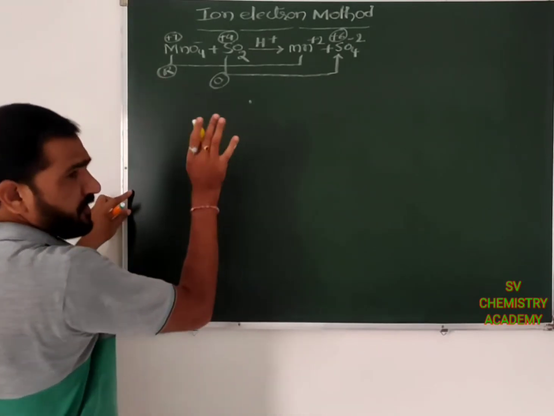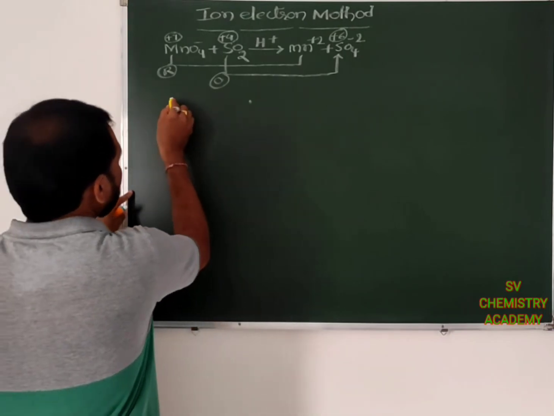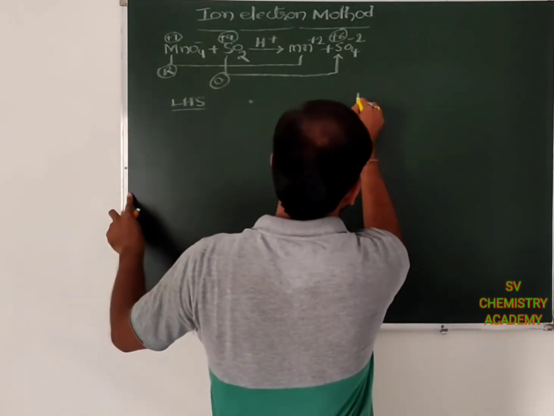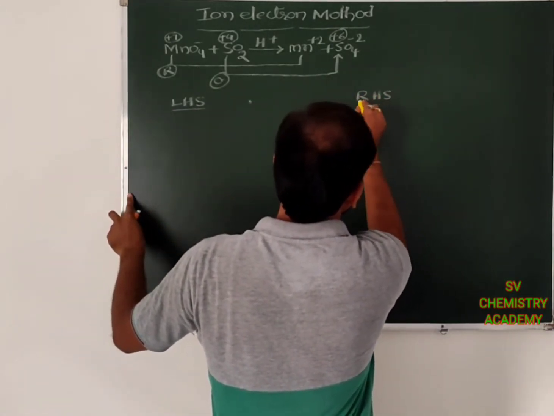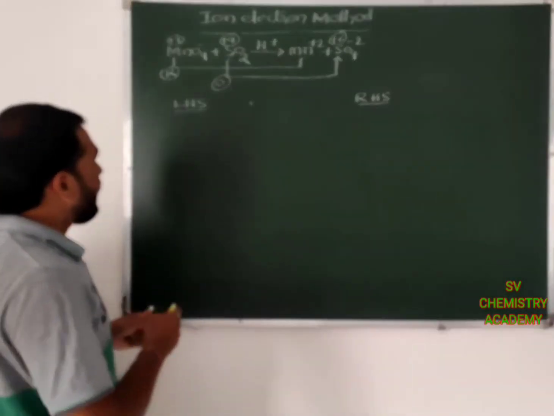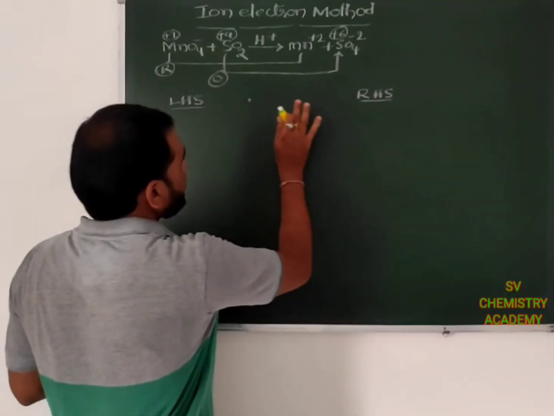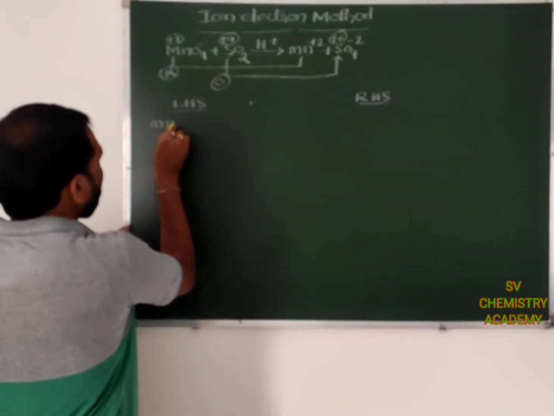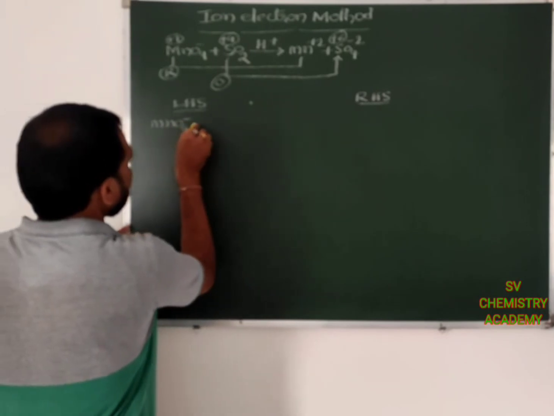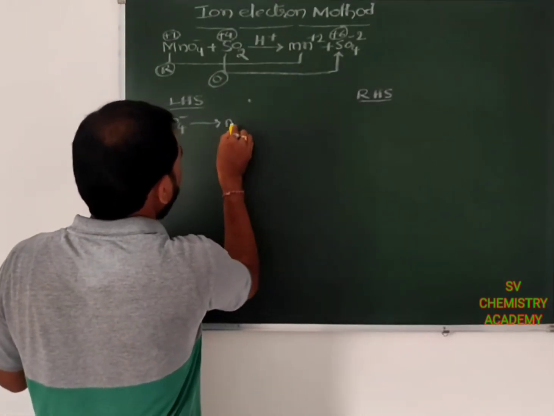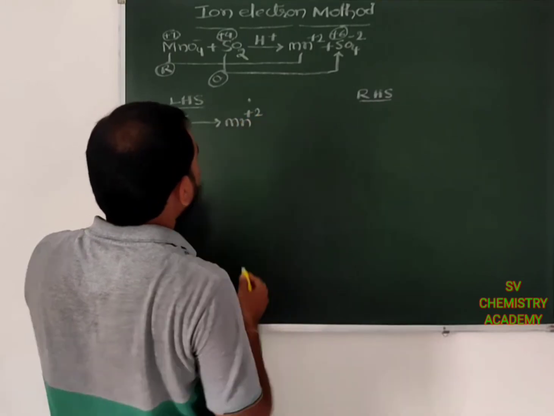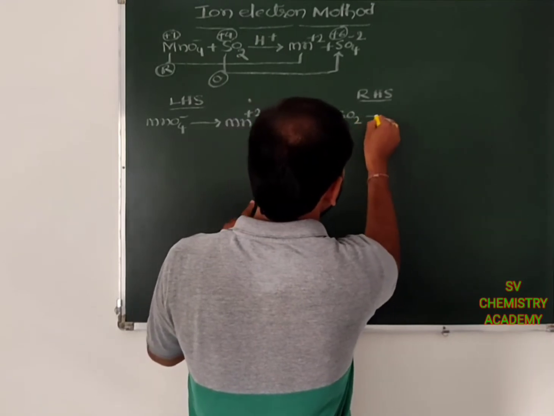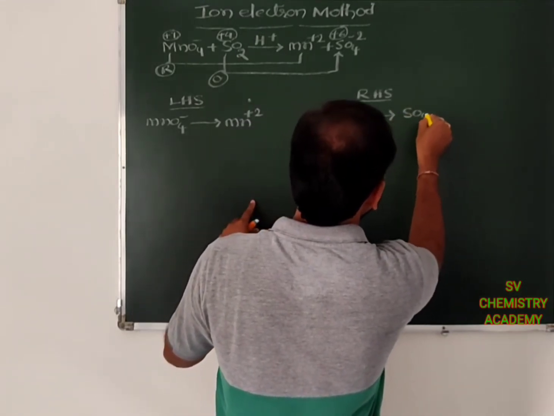For example, if we take the reduction part as LHS, then the oxidation part is RHS, the right-hand side. The reduction part is MnO4 minus gives rise to Mn plus 2. Right? Then the oxidation part on the right side is SO2 gives rise to SO4 minus 2.